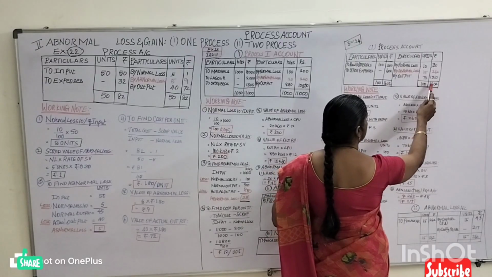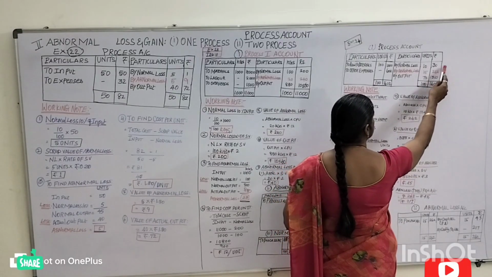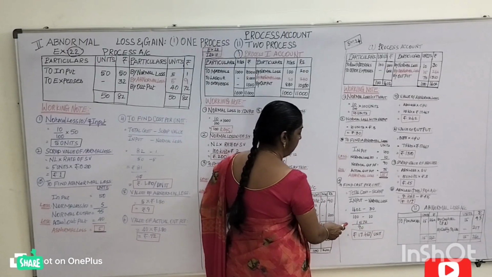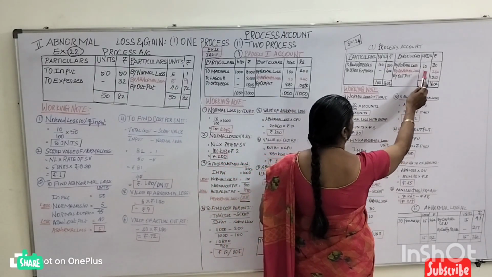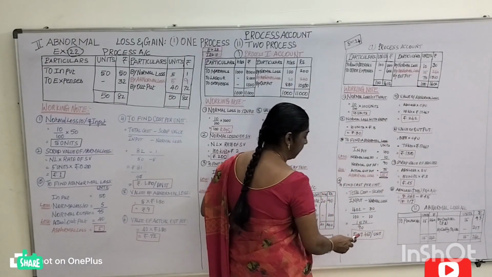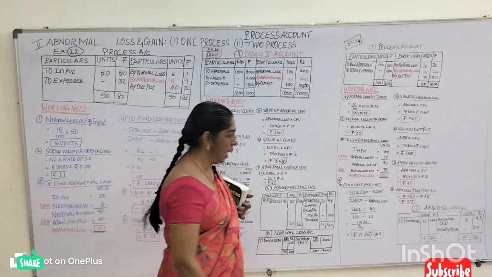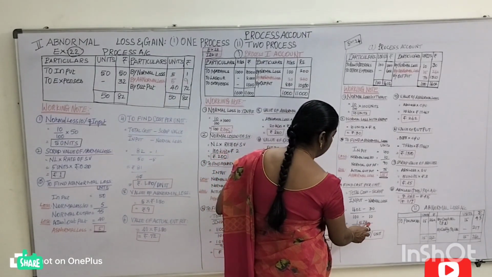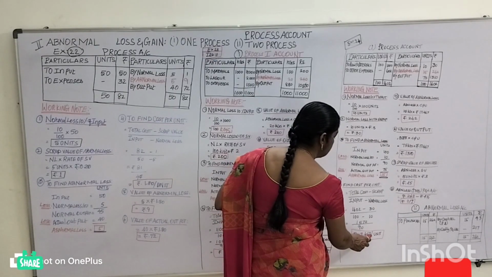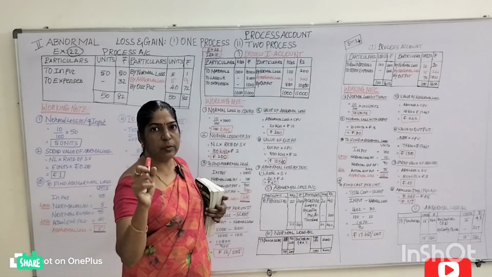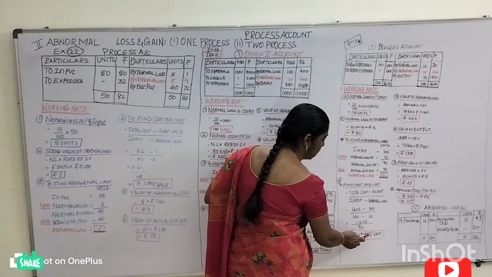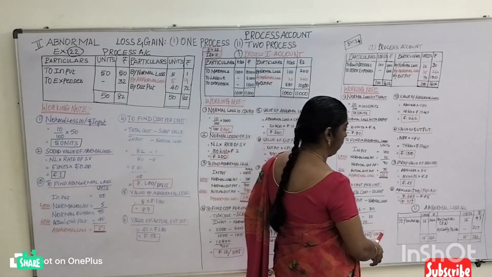Total cost 1602 minus scrap value 30 gives 1572, divided by total input 100 minus 10 normal loss, which is 90 units. 1572 divided by 90 gives 17.467 rupees per unit. So now we have the cost per unit.